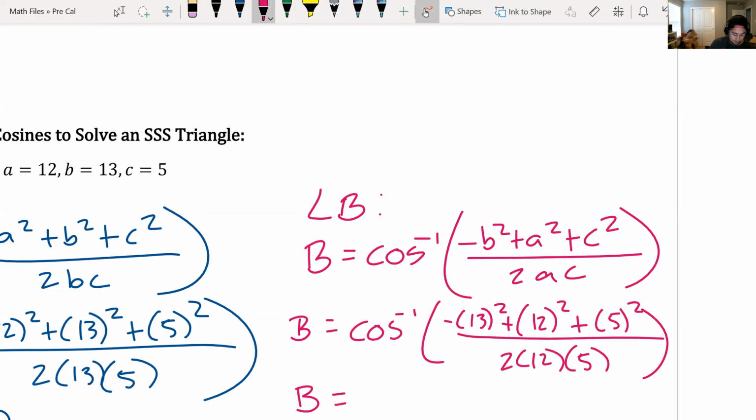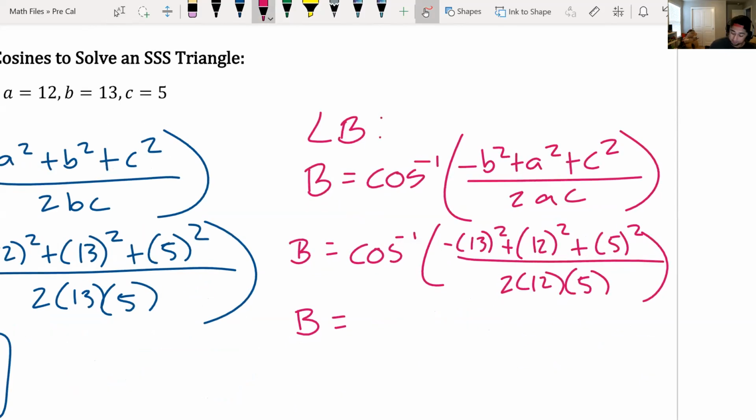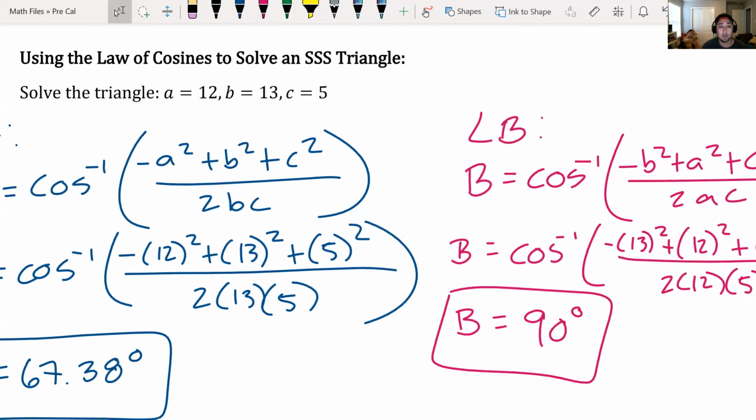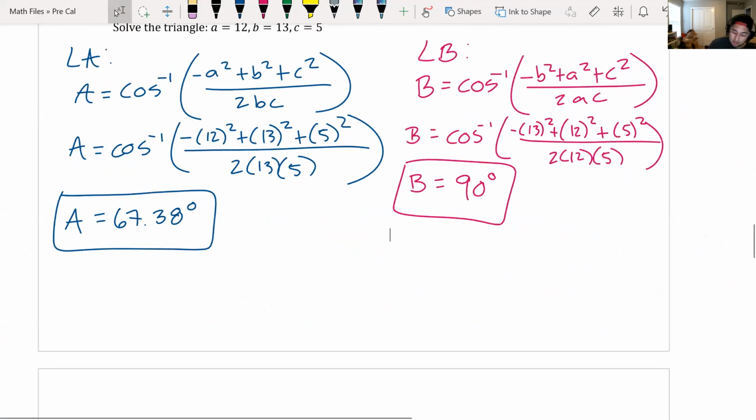So inverse cosine, negative 13 squared plus 12 squared plus 5 squared over 2 times 12 times 5. Hey, look at that. This is exactly 90 degrees. Well, that could be because the sides are 12, 13, 5. So that is a special right triangle, 5, 12, 13. Okay, and of course, angle C.